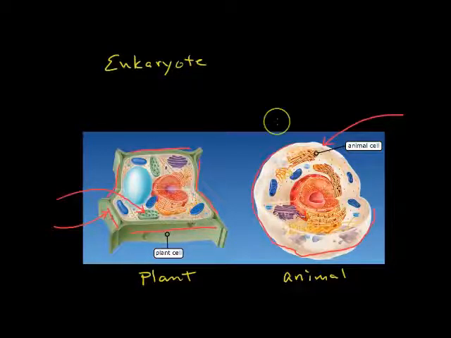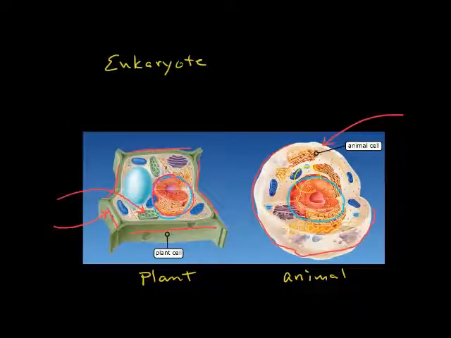Okay, but the thing that really identifies the eukaryote from the prokaryote is, of course, the presence of a nucleus. Here's a nucleus, and here's another nucleus. Probably should have picked a better color. Let's try this one.